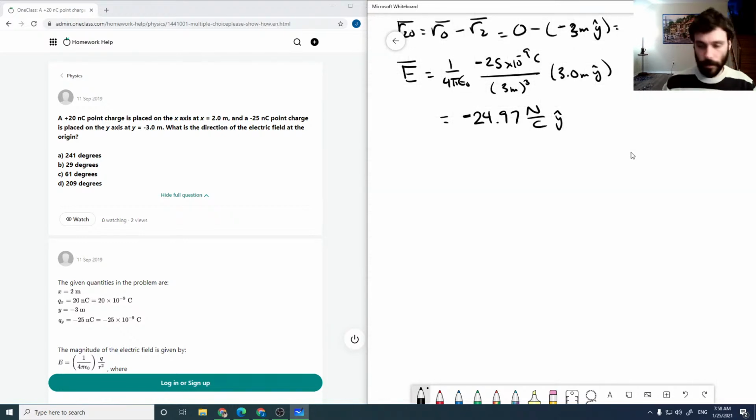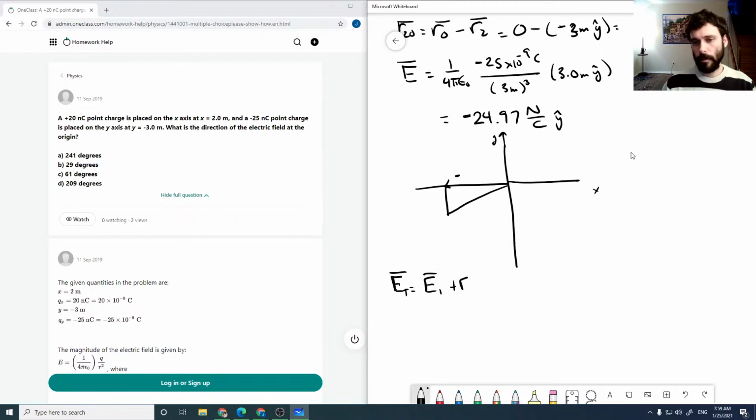And so now if we look at this, x, y, our total electric field is the sum of the two, which is -44.94 in the x hat and 24.97 in the y hat.